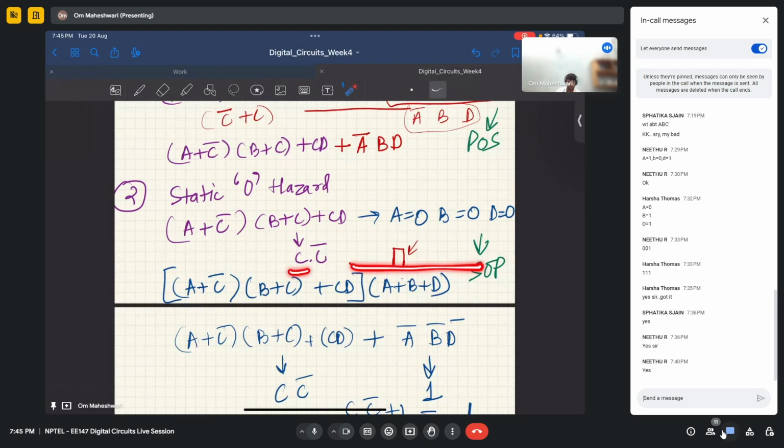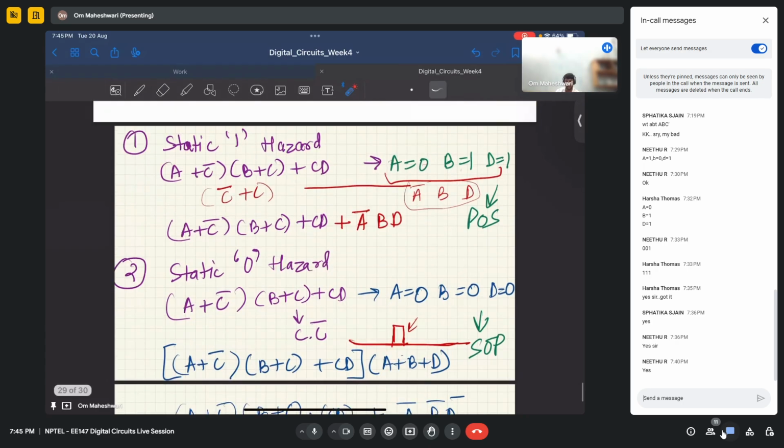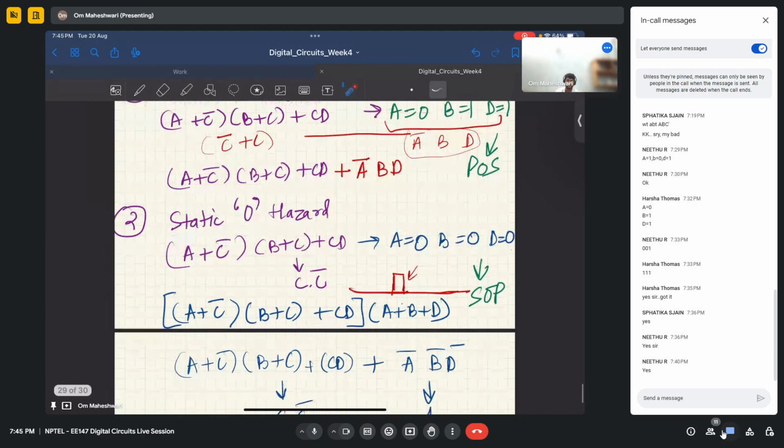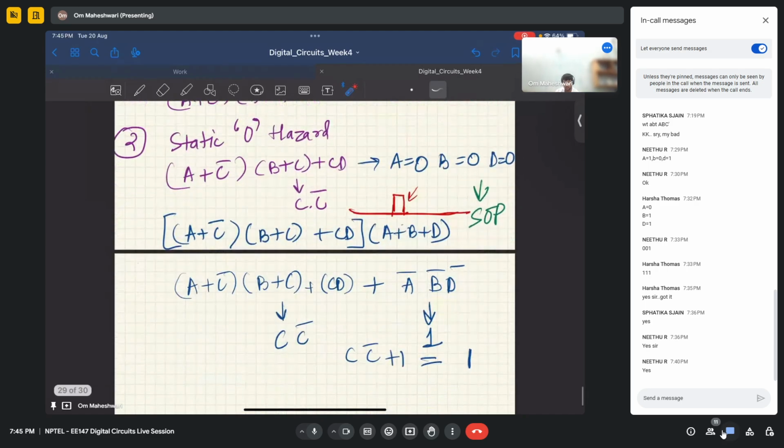It should have been 0. We want to ensure it remains 0. That's why we'll multiply it by the condition so that it remains 0. Here we wanted it to be 1. So we'll add something that becomes 1 when this condition arrives, so it remains 1, does not go to 0. So these both are clear, right?